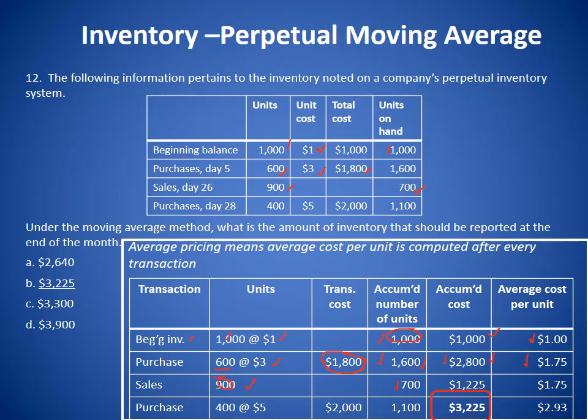Now our accumulated cost is the $2,800 minus the 900 units times $1.75. That amount subtracted from the 2,800 would equal $1,225.